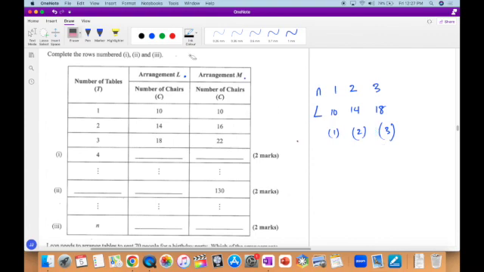So let's try multiples of 2. 2 ones are 2 plus 8. 2 twos are 4 plus 8. No, it does not work there.